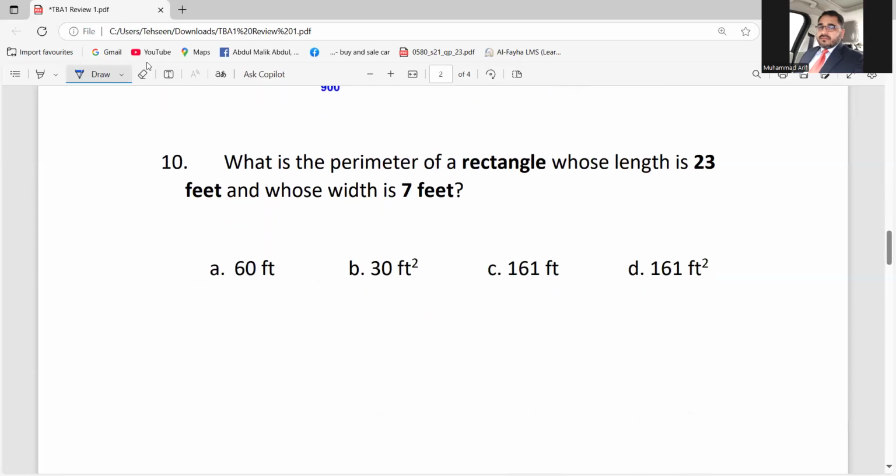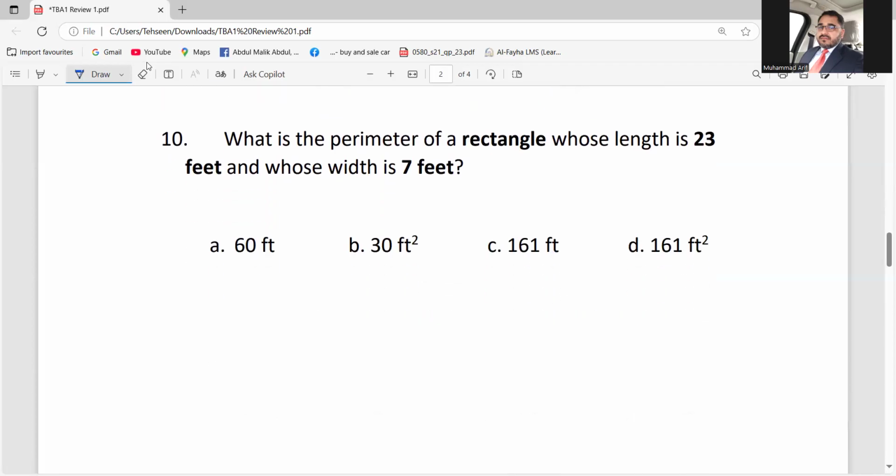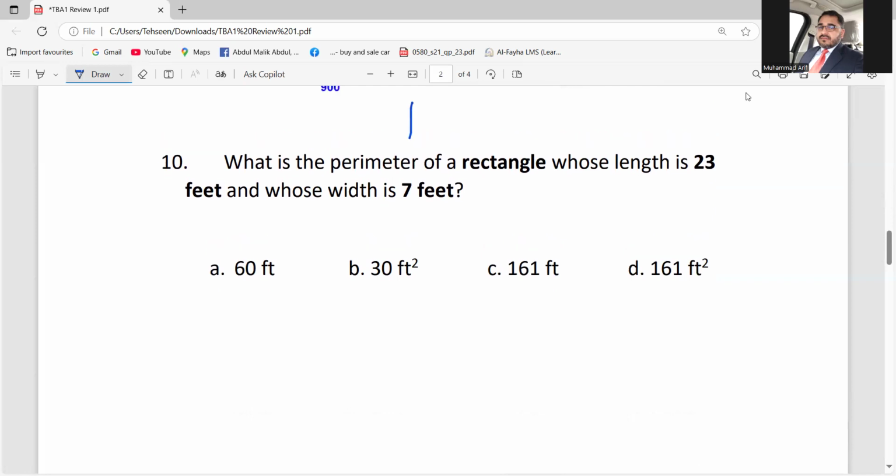Now in question number 10, what is the perimeter of the rectangle? You know, a rectangle is of this shape, like this. This is a rectangle. In this rectangle, the length is given. Length is 23 feet.